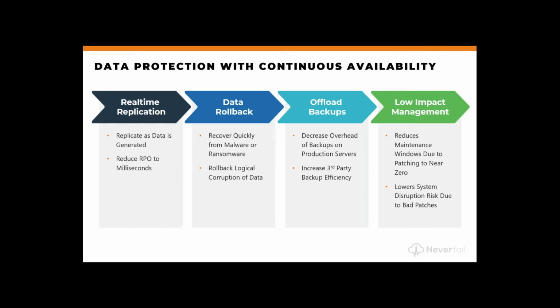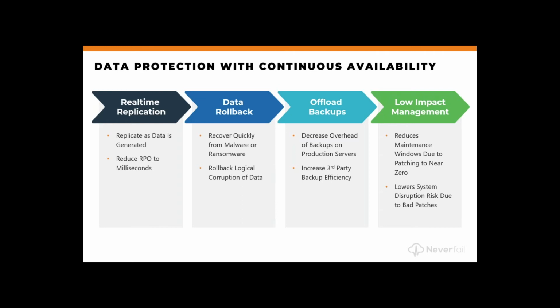But this could be really big, especially for critical applications. Those are huge outage windows, and it decreases your uptime numbers. It literally could take you from 4 or 5 nines down to 3 nines, which is hours and hours of downtime per year. So what we want to do is reduce the maintenance window due to this patching to near zero.